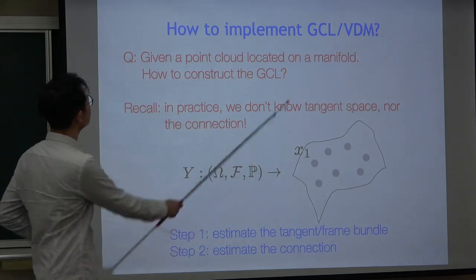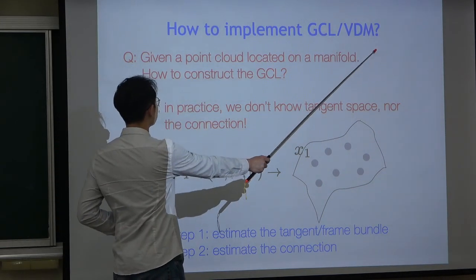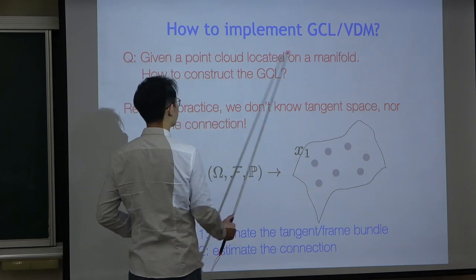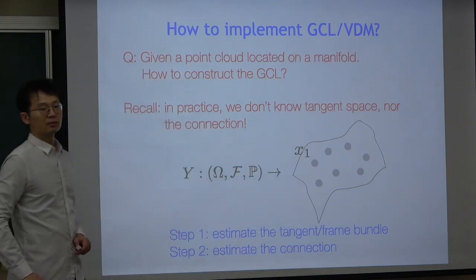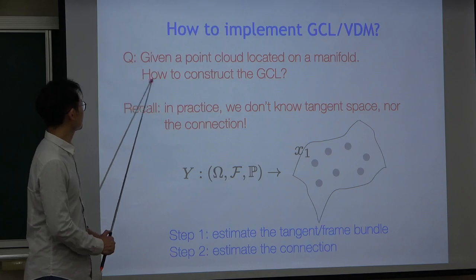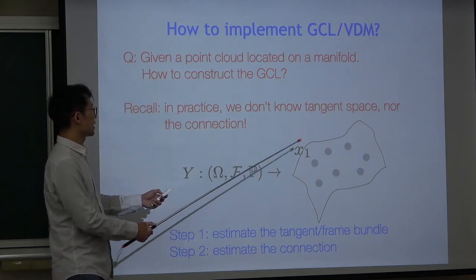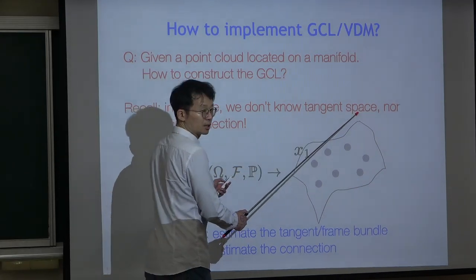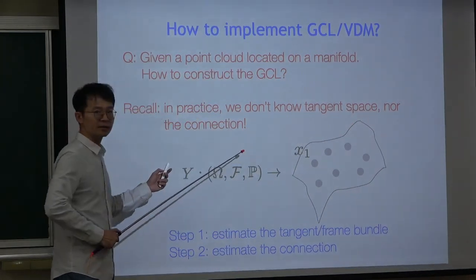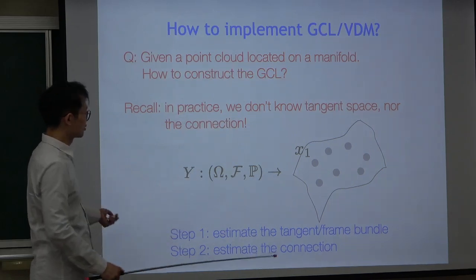So how do we implement the graph connection Laplacian and vector diffusion map given a point cloud located on a manifold? That is equivalent to how to construct practical quantities like the tangent space, the frame bundle, and the parallel transport. We don't know them. Then what can we do?